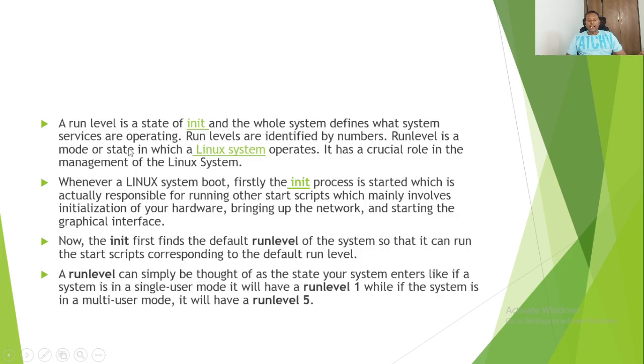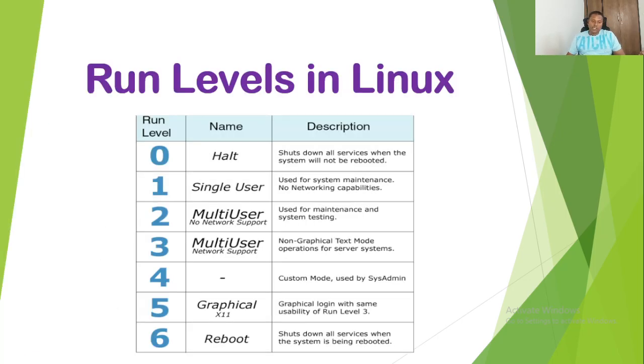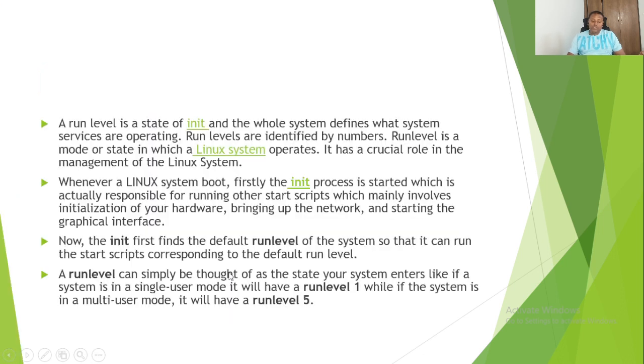A run level is a mode or state in which a Linux system operates. So it defines which run level or state that Linux server should run in. Here you can see run level 0, 1, 2, 3, 4, 5, 6. This will define on which run level it should run.